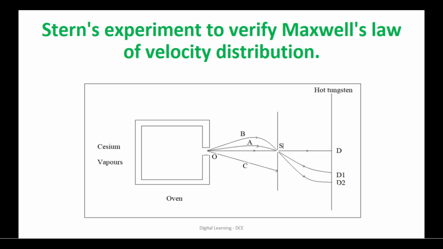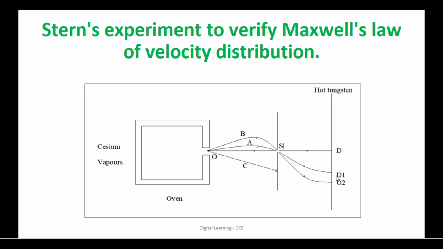In the experiment, it is observed that the cesium atoms which are moving along the path A will reach the tungsten wire at the position D1. Similarly, the cesium atoms which are moving along the path B will reach the position D2 on the tungsten wire.